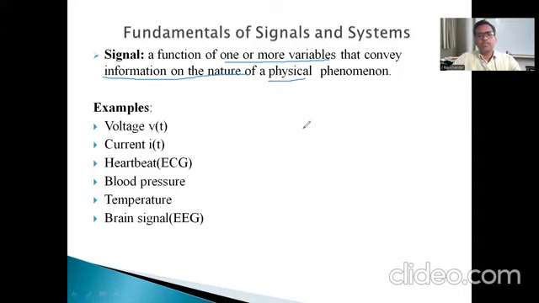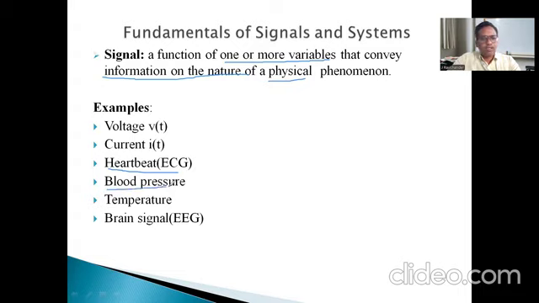Now coming to the examples of signals, we have different examples. One is the voltage signal, which gives the information related to voltage. Another example is the current signal, which gives the information regarding current. Heartbeat signal, which can be measured by using an electrocardiogram.